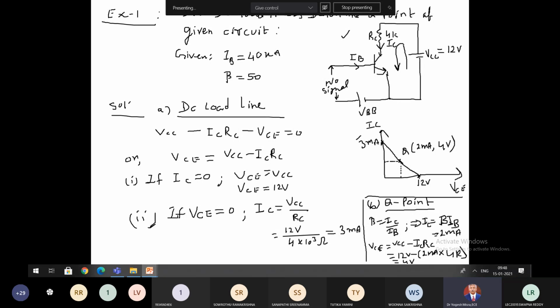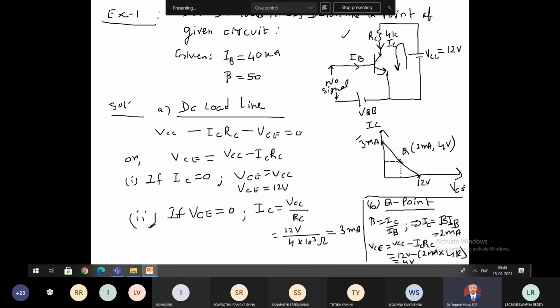And due to heat, what will happen? The transistor will heat up. And if the transistor heats up, then due to that heat the covalent bonds will break due to this thermal energy. More covalent bonds will break, and then electron and hole pairs will be generated. This means minority carriers will also be generated.